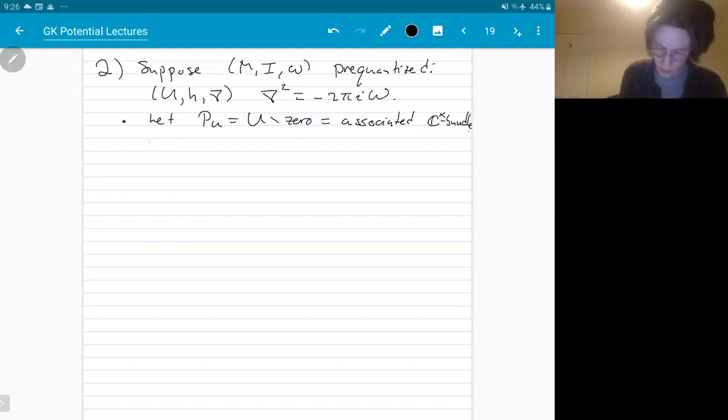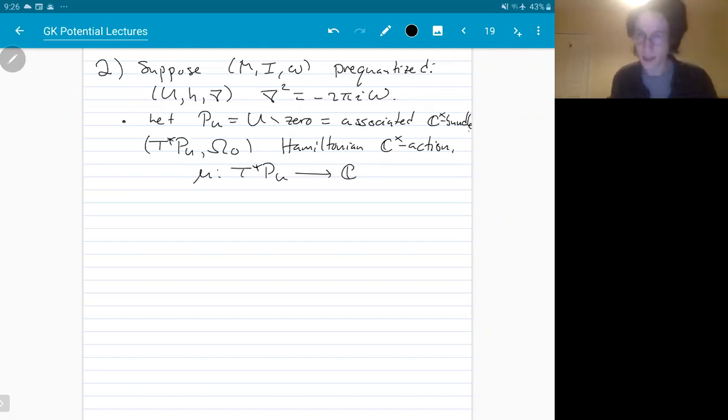Then we can consider the cotangent bundle of this thing with its canonical symplectic form. And this thing has a canonical structure of a Hamiltonian C star action. So it has, in particular, a moment map, mu.